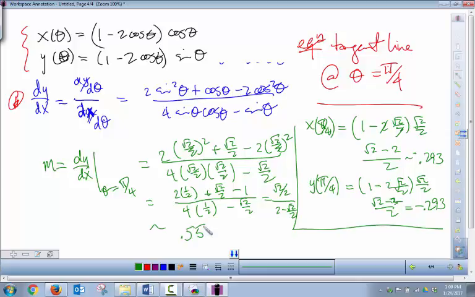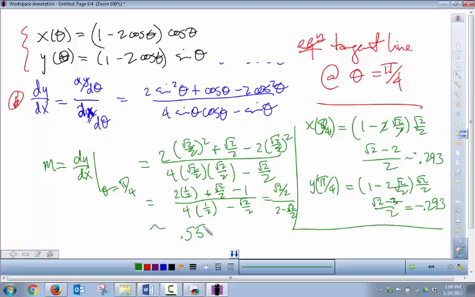Positive? All right, we need confirmation. I got the same. 0.55? That doesn't sound right.